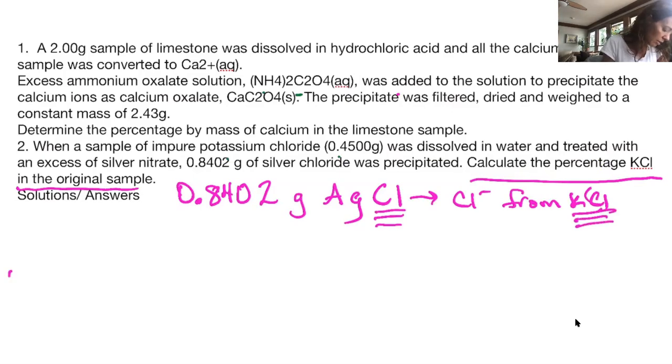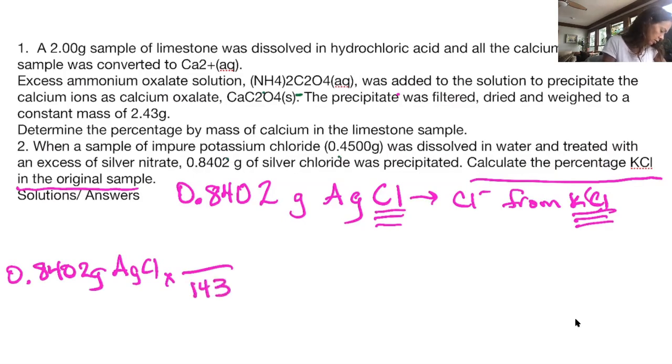So same process that we took: 0.8402 grams of AgCl, and the molar mass is 143.34 grams of AgCl in every 1 mole of AgCl.